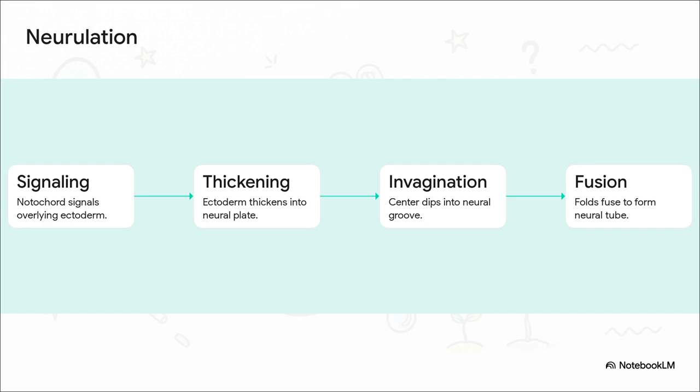Now, the notochord is a structure derived from the mesoderm, and it acts as the master inductor. It essentially sends signals to the overlying ectoderm, telling it to thicken into a neural plate. The center of this plate dips down to form a neural groove, and the lateral edges rise up as neural folds. Eventually, these folds approach the midline and fuse together to create the neural tube. And that tube is the direct precursor to your brain and spinal cord.